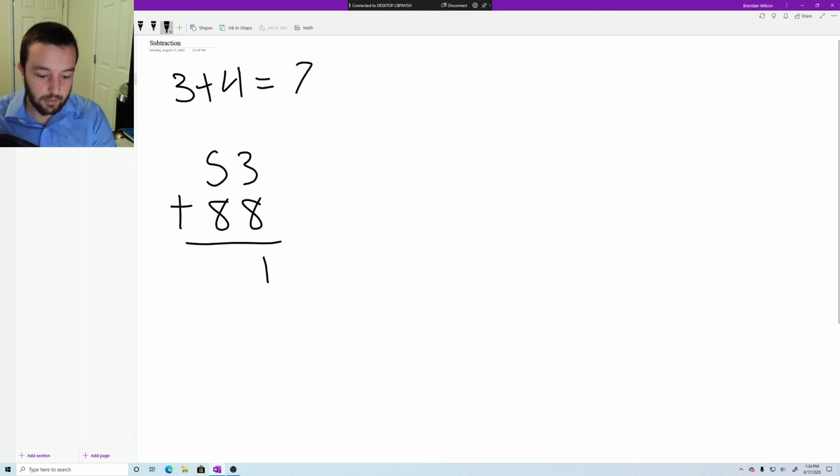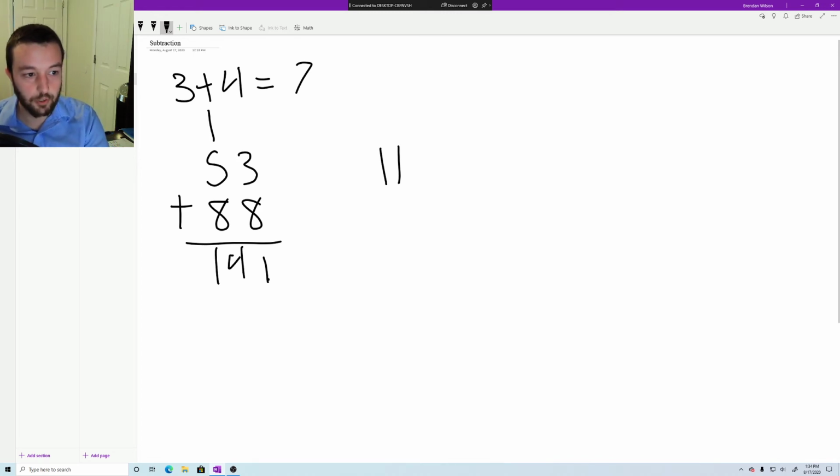So we have 11, which has a 1 in the ones place and a 1 in the tens place. The 1 in the ones place goes with the other ones, but the 1 in the tens place gets carried over. So we have 1 plus 5 is 6, plus 8 is 14. Right, so we get 141 at the end.